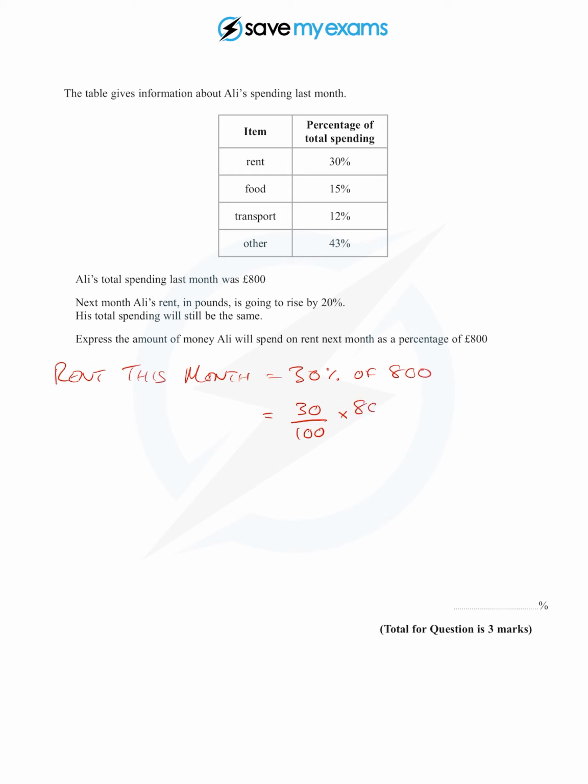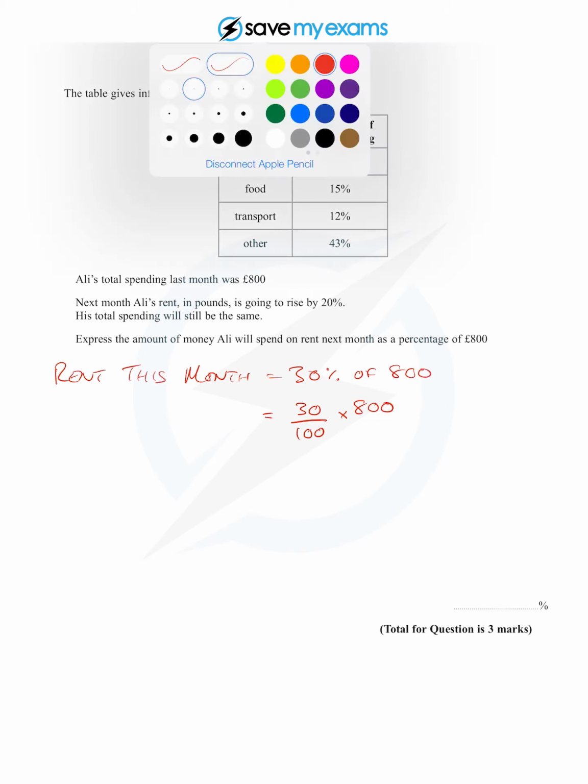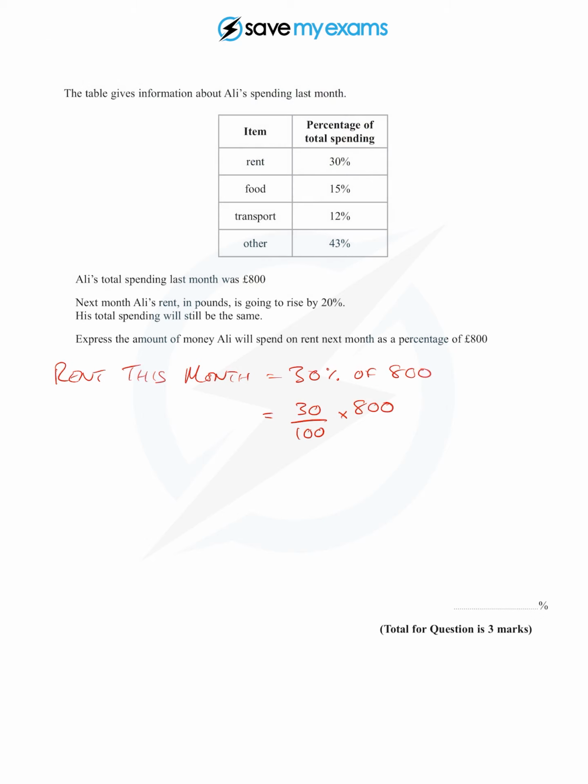Of is times and 800. So 30% of 800. Green cancelling pen comes out. 100 goes into 800 8 times. And so I've got 30 times 8, or 3 times 8 is 24. With the extra 0 is £240.